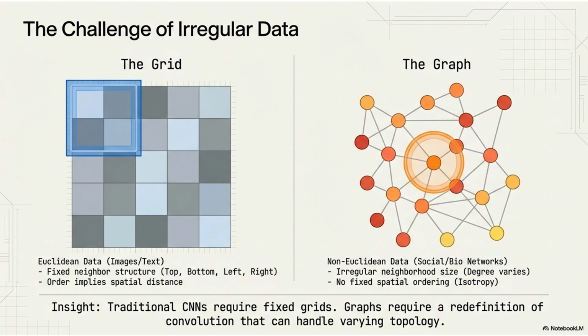Therefore, defining convolution directly on a graph is not straightforward. Graph convolutional networks solve this by defining the convolution in the spectral domain and simplifying it for practical implementation of graph representations.